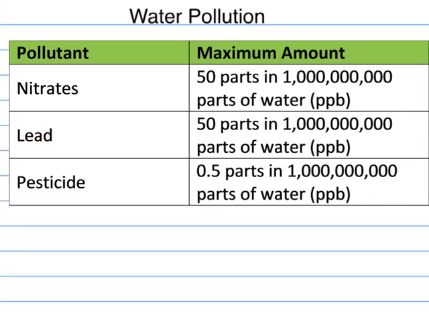You've got lead, which used to be quite a common anti-knocking agent in petrol, and other sources. And then we've obviously got pesticides. You can see here the amounts are 50 parts in 1 billion parts of water, that's parts per billion, and then 50 parts for the lead, and then even less for the pesticides at 0.5 parts per billion.